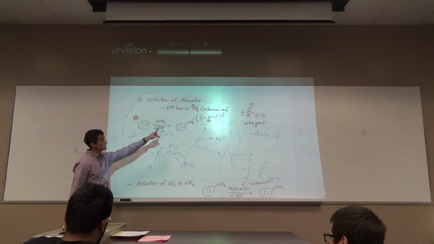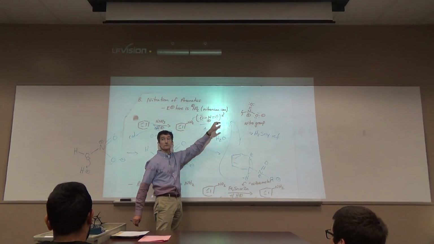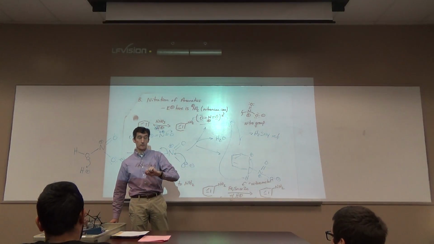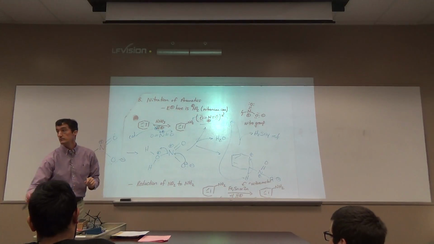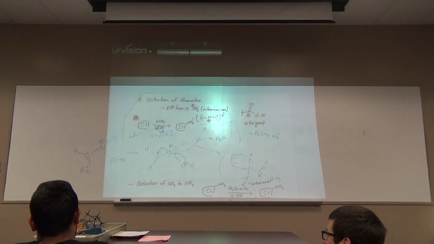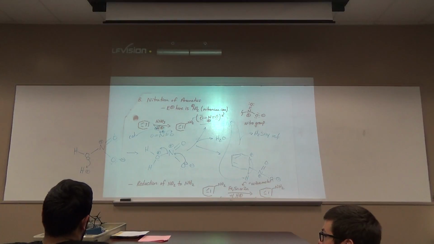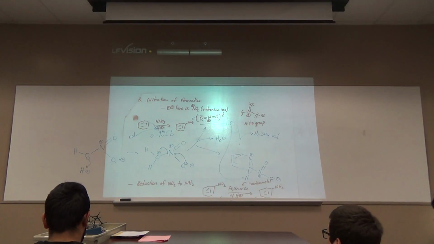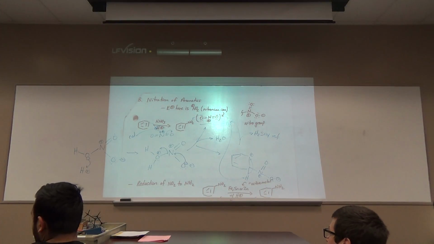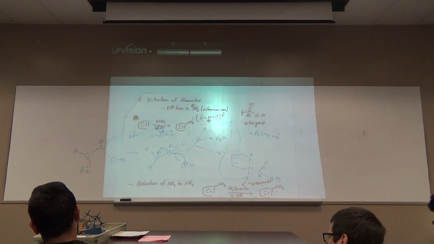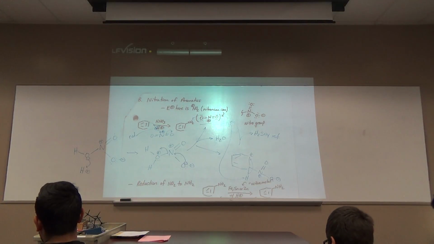That's called the nitronium ion. Later on, we'll see something called the nitrosonium ion. This is nitronium. Questions? You said that nitric acid could initially protonate itself, but then if that's the case, what would be the acid catalyst? Well, one molecule of the nitric acid would actually be serving as a catalyst.